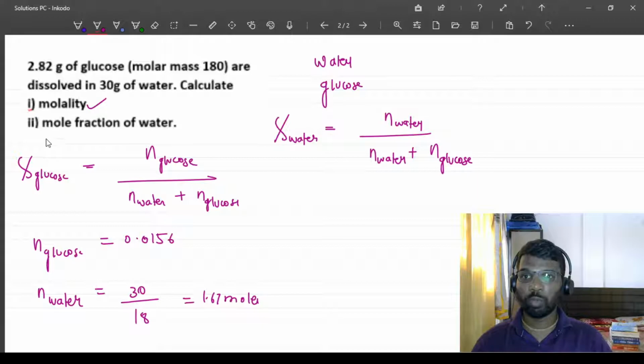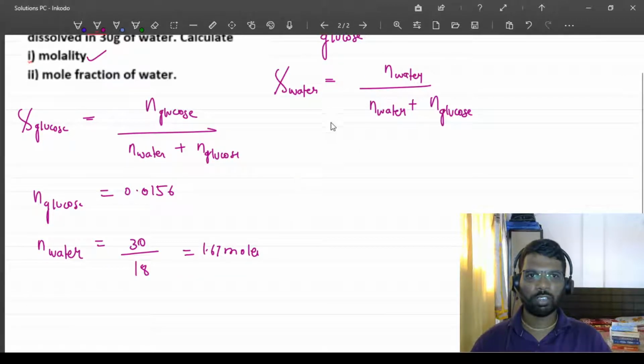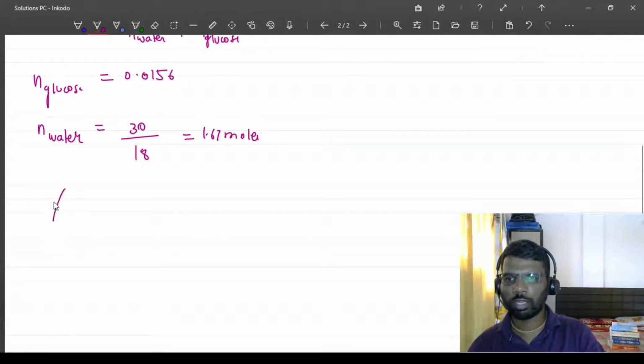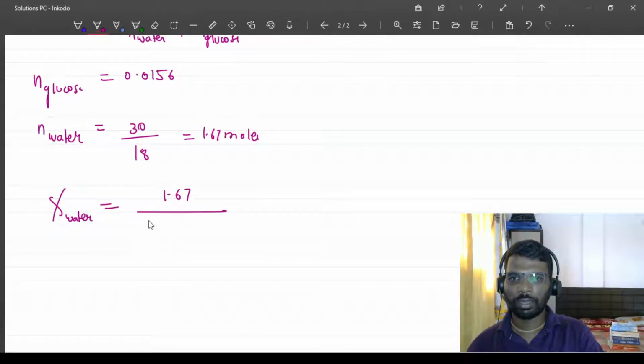Now calculate the mole fraction of the water. Mole fraction of the water is the number of moles of water upon the total number of moles. So the mole fraction of the water is equal to 1.67 divided by the total number of moles, which is 1.67 of water plus 0.0156.